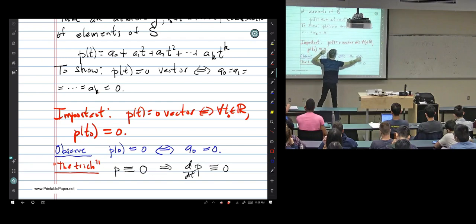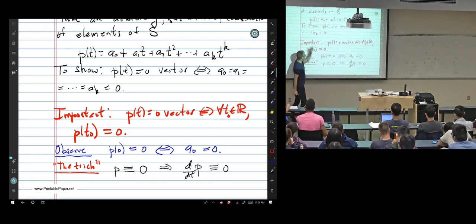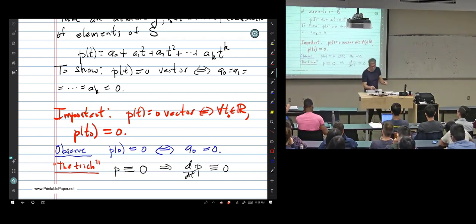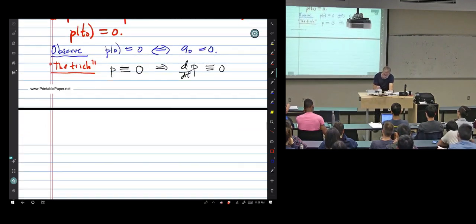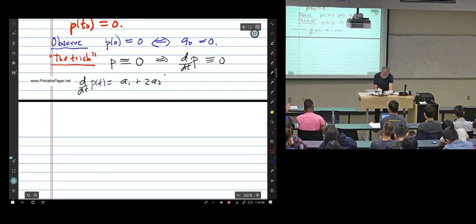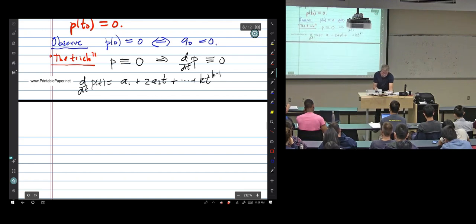It's 0 everywhere. The 0 function is differentiable, and its derivative is 0. There's no problem there. Well, d by dt of P of t is A1 plus 2 A2 t plus dot dot dot k times Ak times t to the k minus 1.